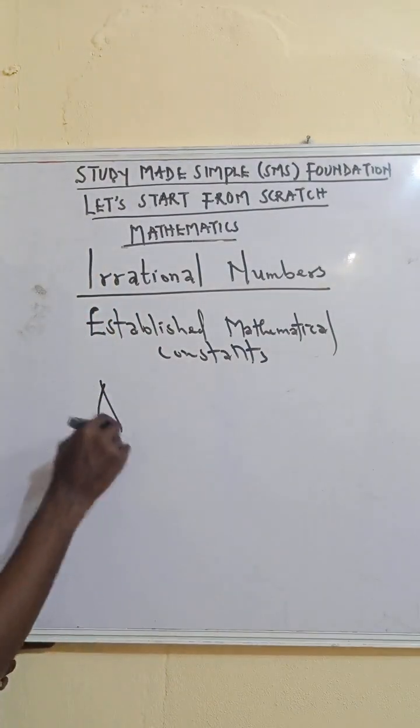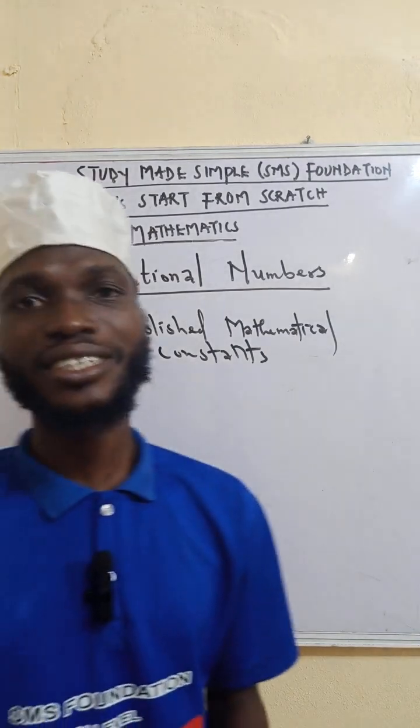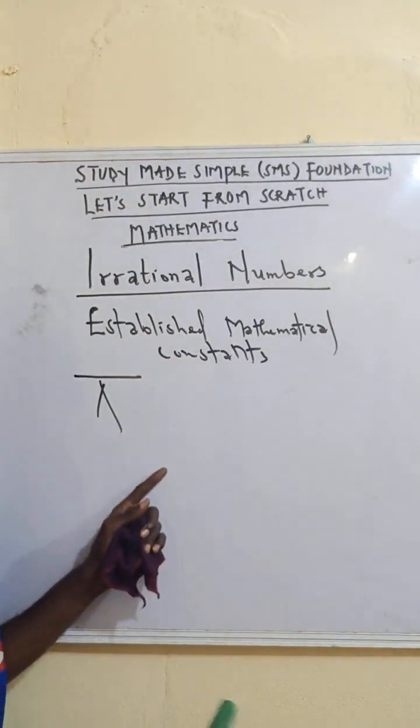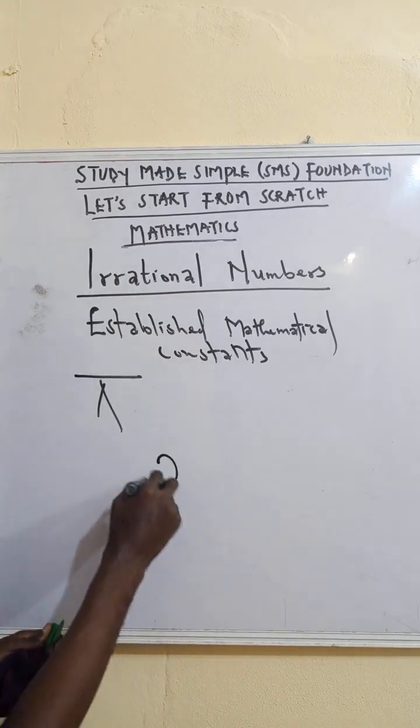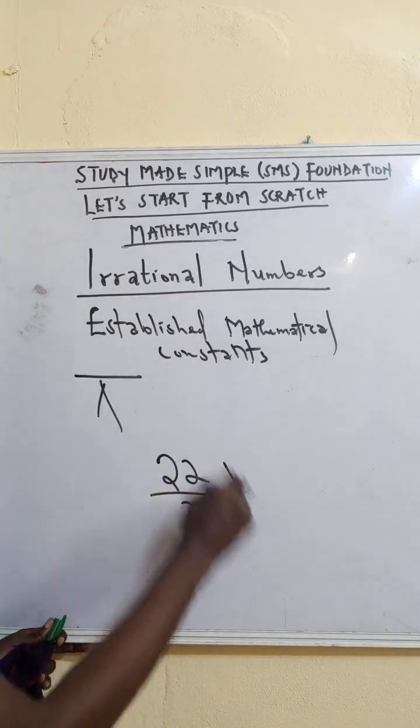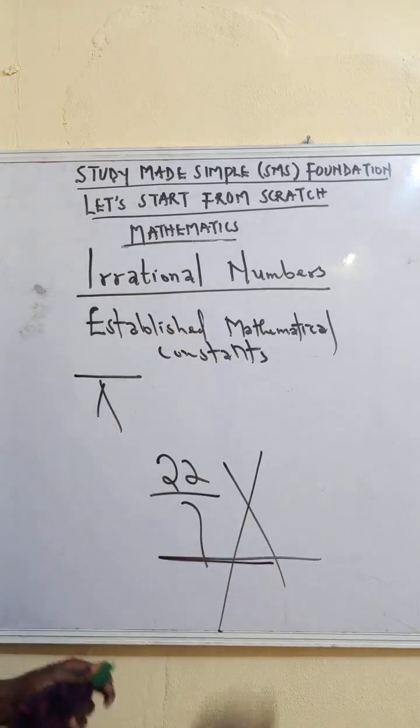For example, pi. Most people think that the actual value of pi is 22/7. 22/7 is not the actual value of pi. This is just an approximate value.